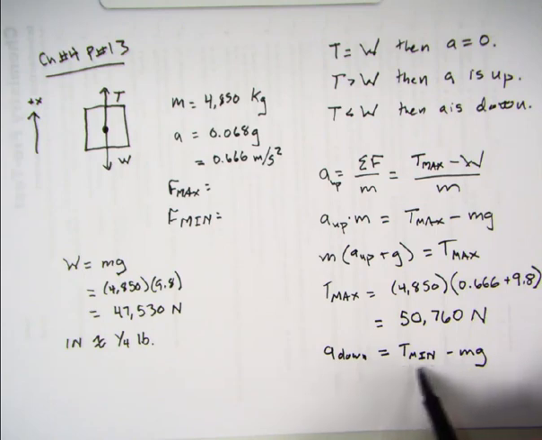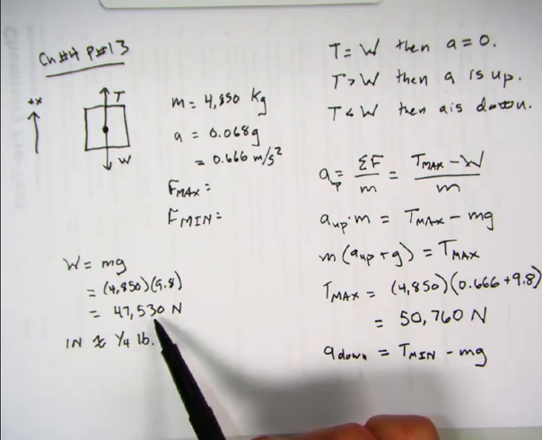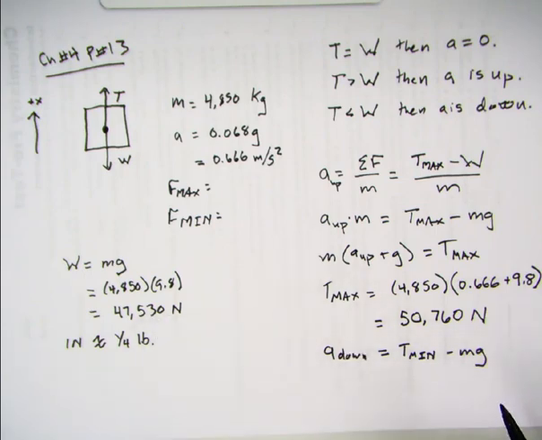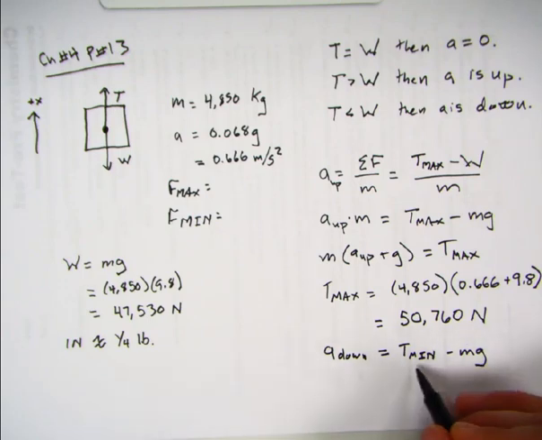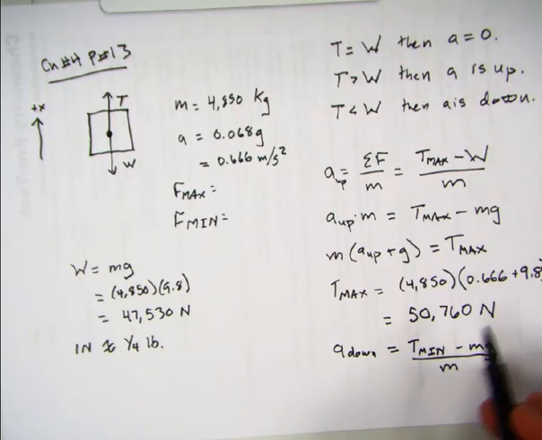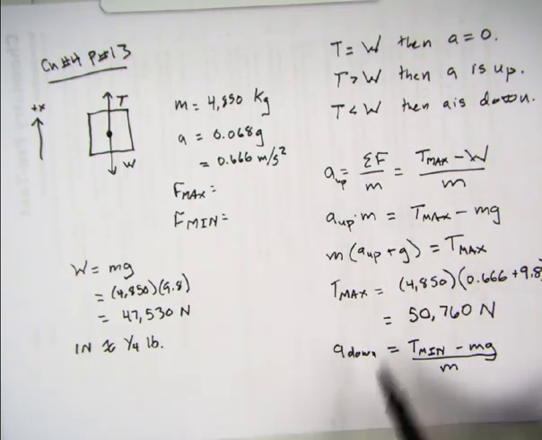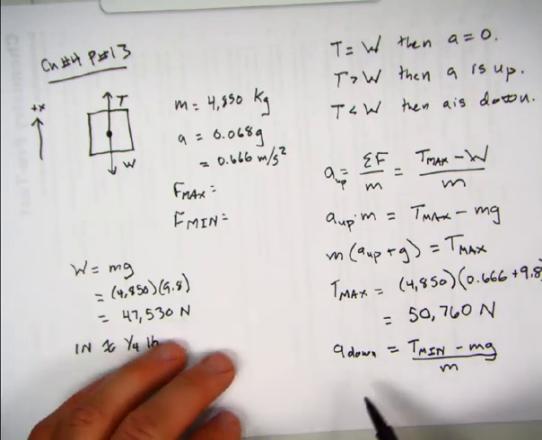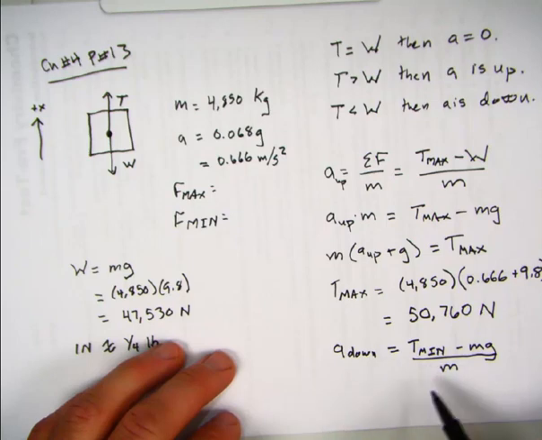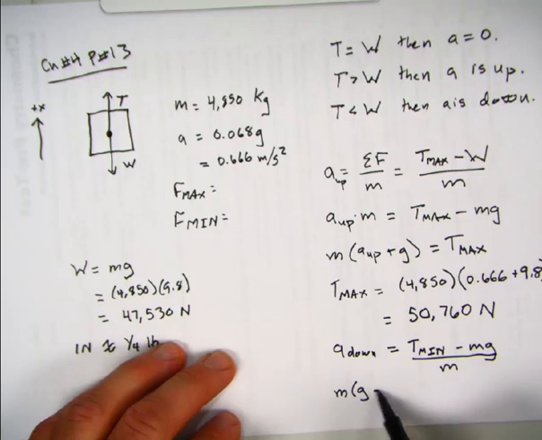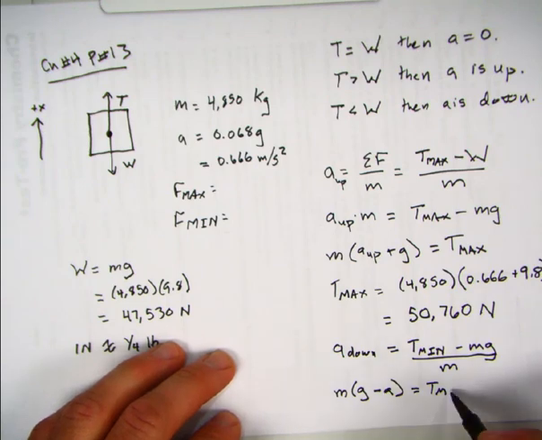So we're hoping when we solve for this tension, we get a number less than 47,000 newtons. Same equation as up here, just down and min. Okay, so if we wave our algebra wand at this, we are going to get m times g minus a, and that'll be equal to the T min here.